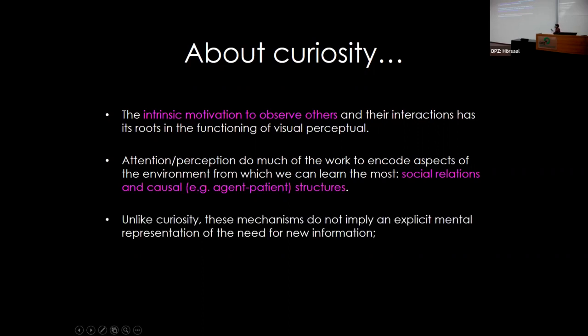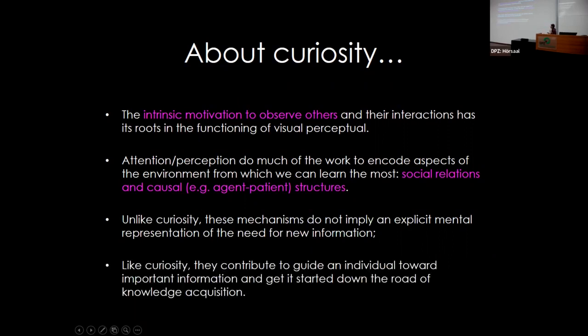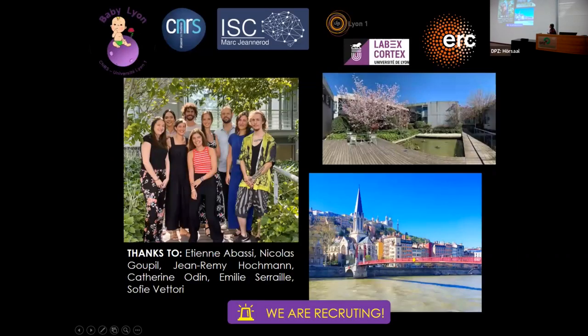And unlike curiosity, these mechanisms do not imply an explicit mental representation of the need for new information. What I'm arguing here is that all this is encoded automatically in the visual system. But like curiosity, they contribute to guide an individual toward important information and get it started down the road of knowledge acquisition. And I stop here, and thank you for the attention.